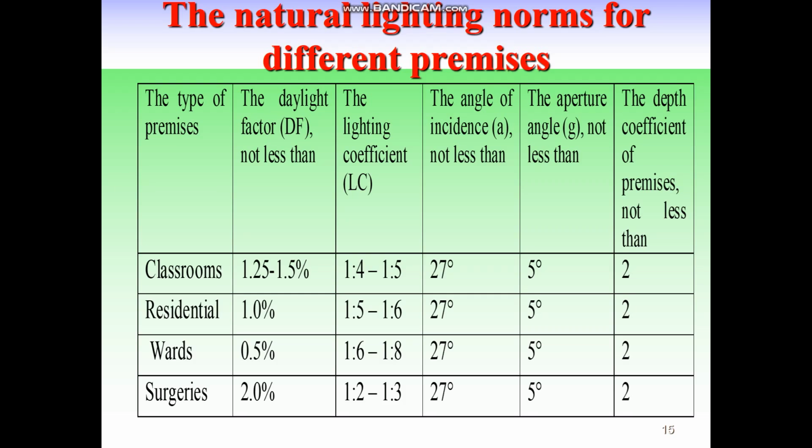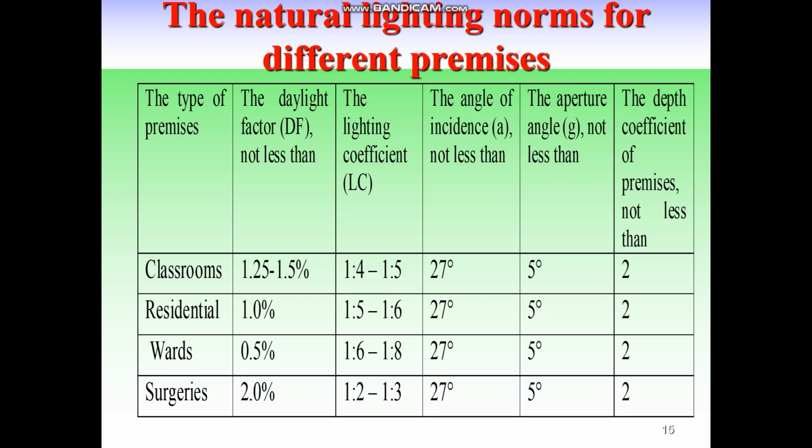The ultraviolet beams almost do not pass through usual window glass, but they pass through special enriched glasses. These glasses pass UV beams with a wavelength up to 300 nanometers. It is the biological effect of light getting into premises. For evaluation of natural lighting in premises, parameters such as the factor of natural lighting or coefficient of natural lighting, the light factor, the angle of light falling, and the angle of light aperture are determined.